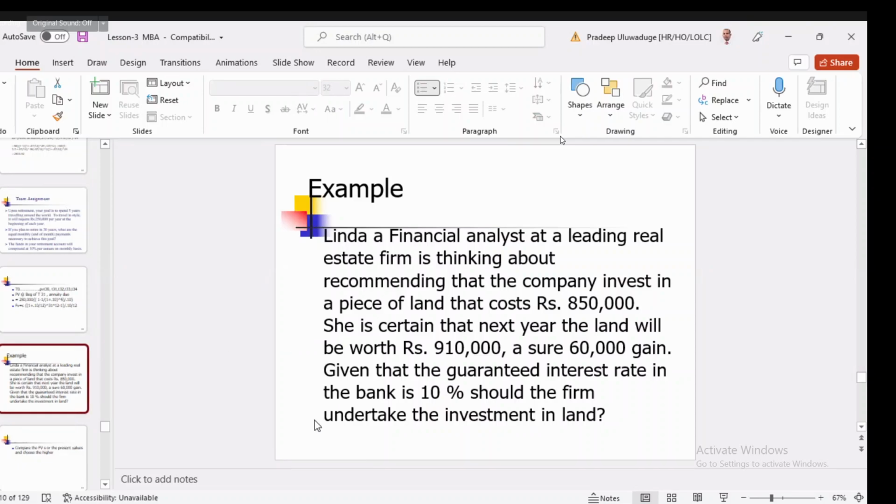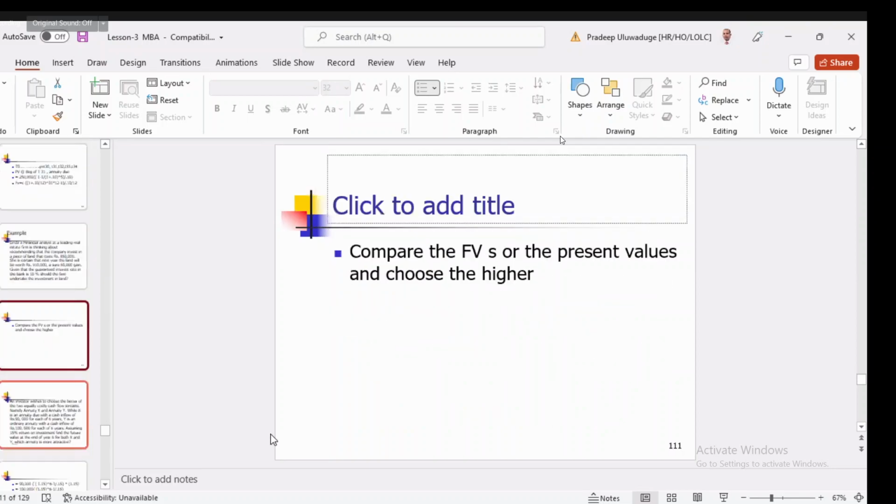Right. So what you have to do is, 10% if you had in the bank, it will increase up to how much? And then you compare it with 910,000. Right. Yes, compare the future values or the present values and choose the higher.